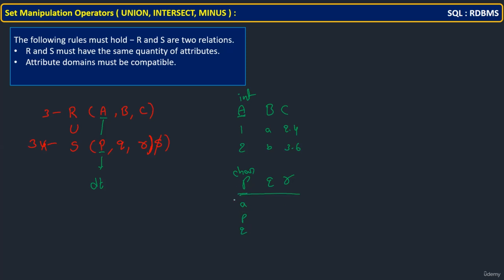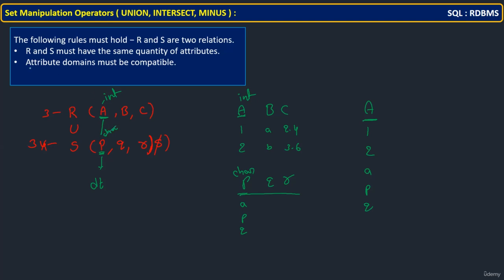When you combine these two, the values of A and P go under one column. Now, what is the data type if you combine, because whatever data is under P is going under A? Here it is integer, and if here it is char, that is not compatible.